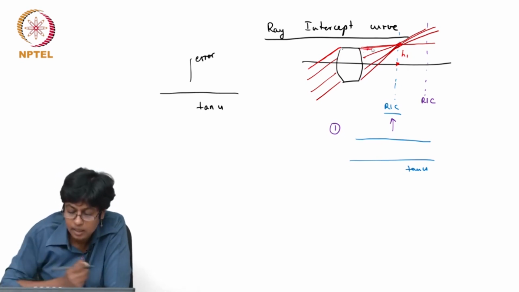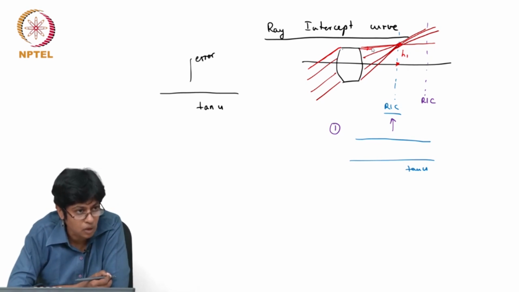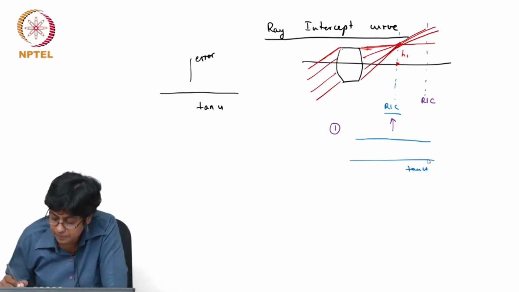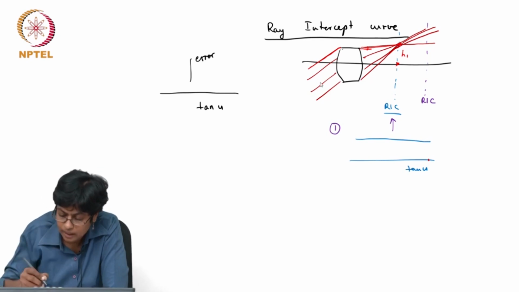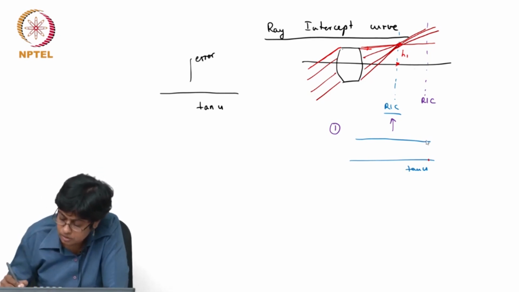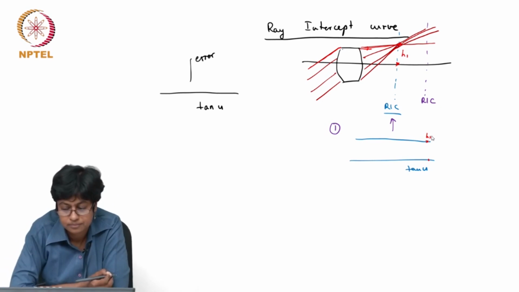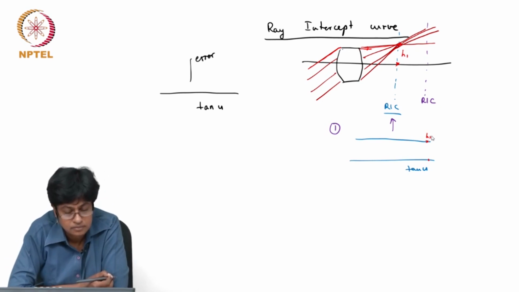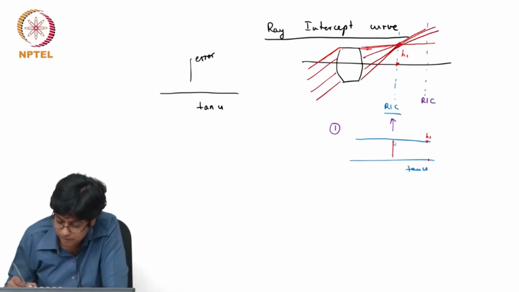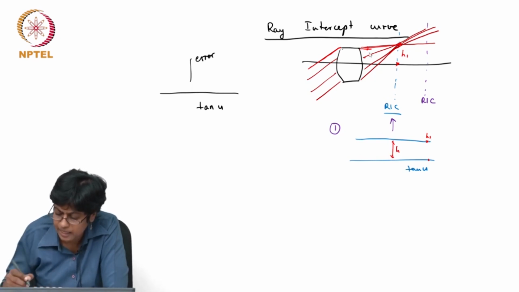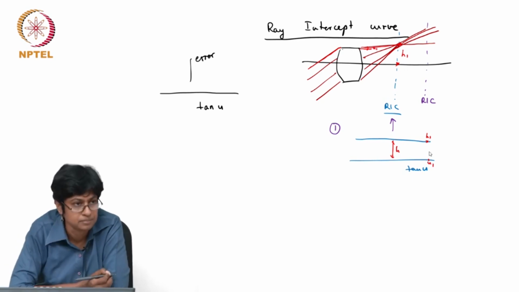It makes a very small angle with the optical axis. So let's say maybe this is tan u for that. So this is h1, and let's call this angle u1. So this is tan u1.